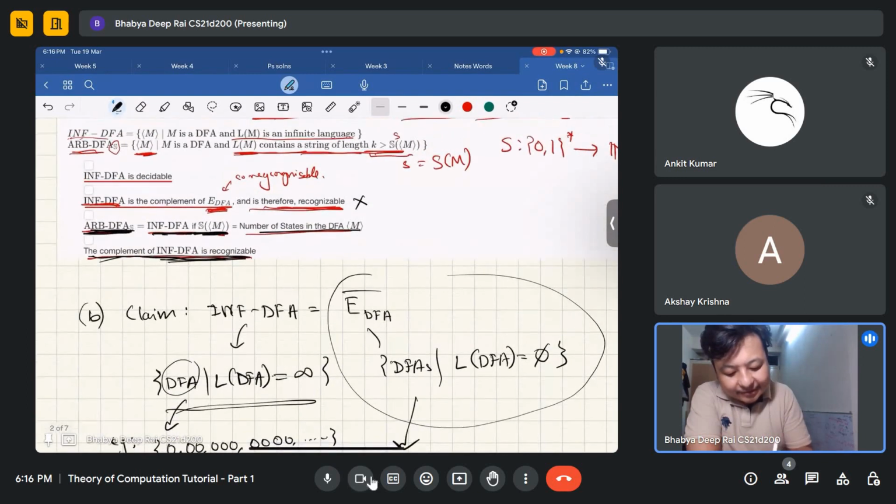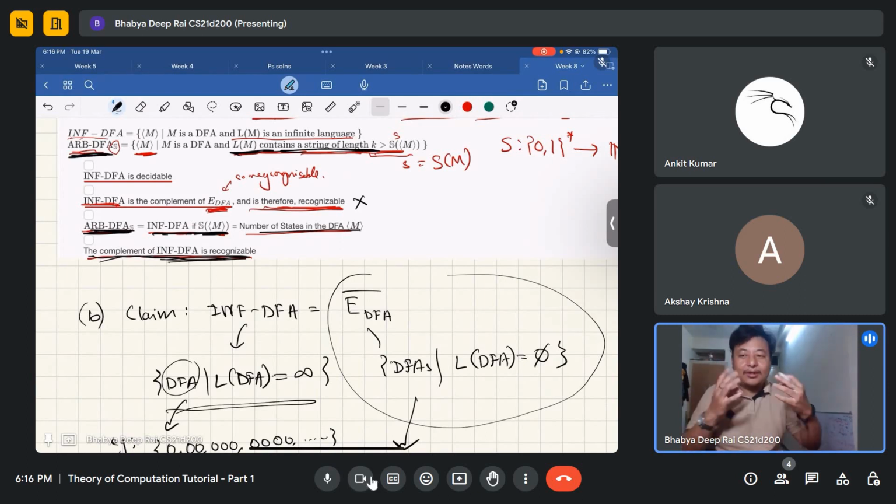S is such that L(M) contains a string of length k greater than S. So RDFAs are all those DFAs which contain strings of length greater than S. Now we are saying RDFA is equal to inf DFA, and inf DFA is all those DFAs which accept an infinite language.